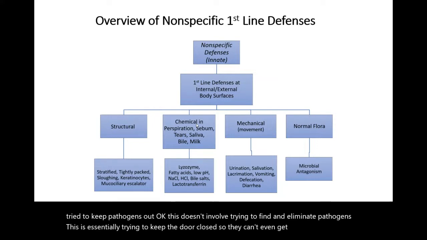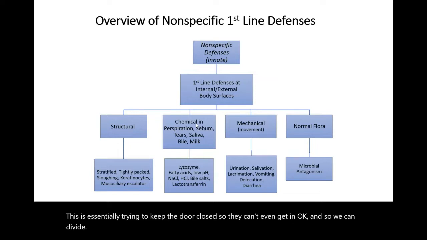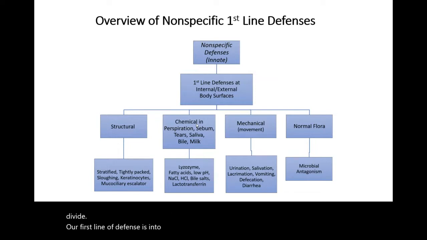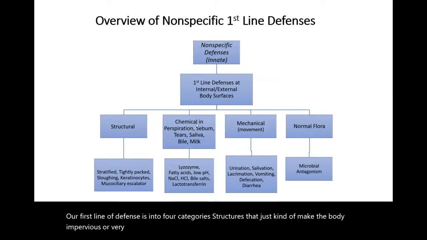Okay, and so we can divide our first line of defenses into four categories: structures that just kind of make the body impervious or very hard to get into; chemicals or molecules that we find in things like sweat, saliva, bile, tears, things like that, kind of the liquids of the body.